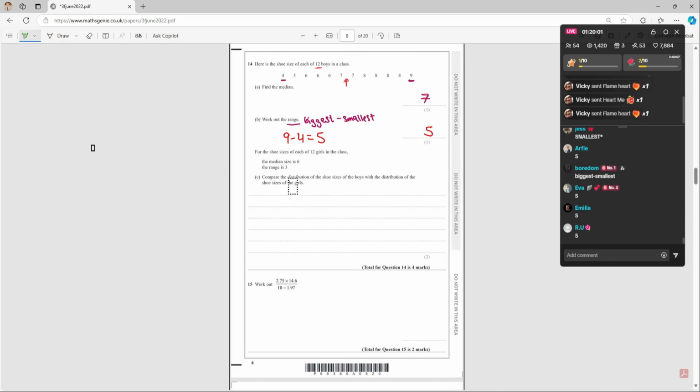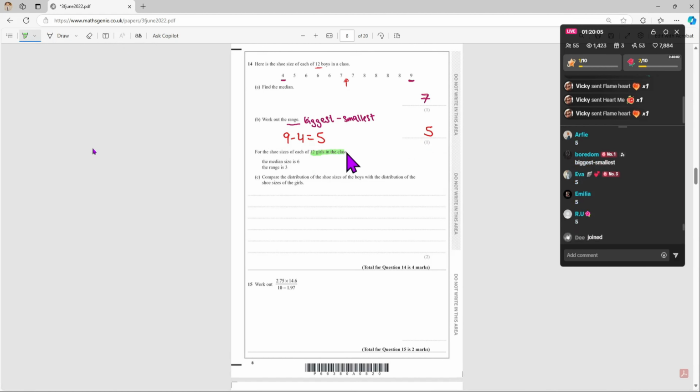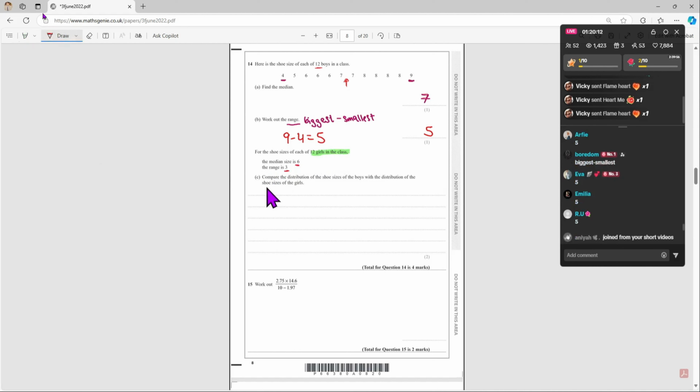And now, next question: for the shoe size of each of the 12 girls in the class, now we're looking at the girls. The median size is 6 and the range is 3. Compare the distribution of the shoe sizes of the boys with the distribution of the shoe sizes of the girls.